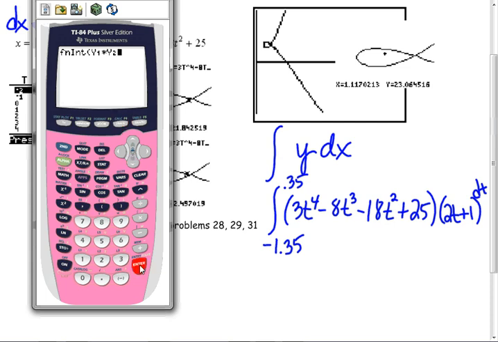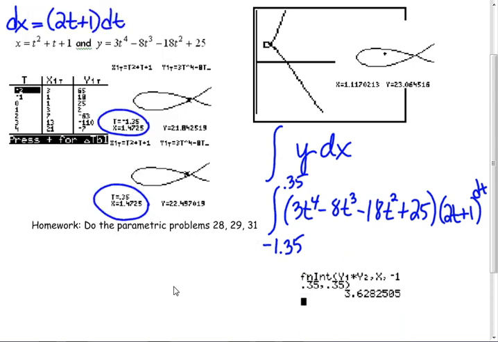But you can only do it on 84. Comma, x was my variable, comma, negative 1.35, comma 2.35. I don't think they give us anything as tricky as this one. And there it is.